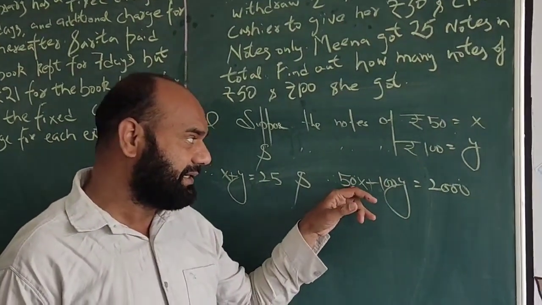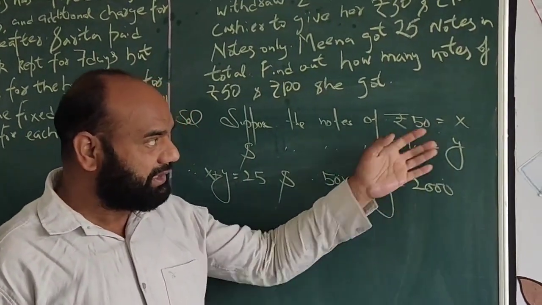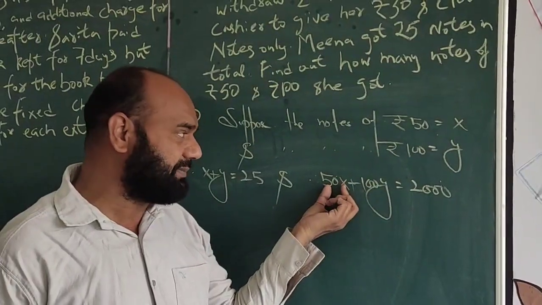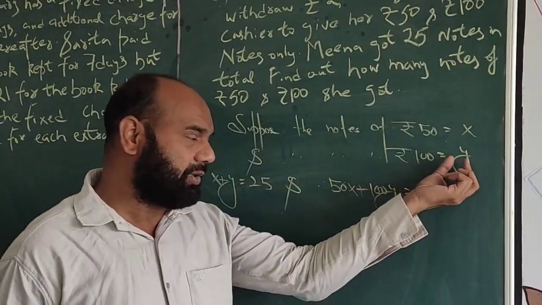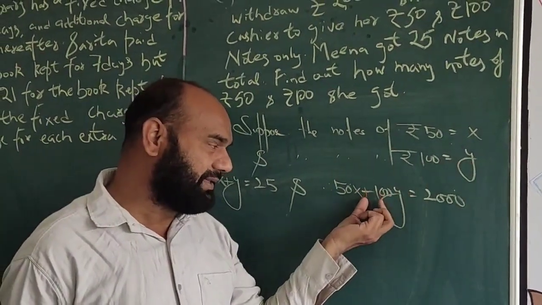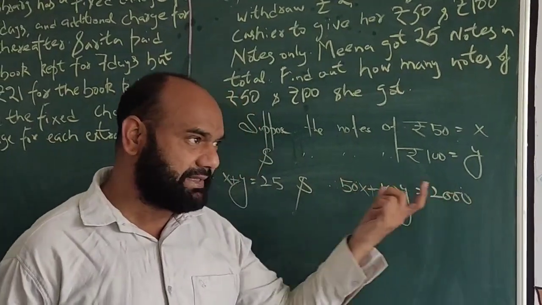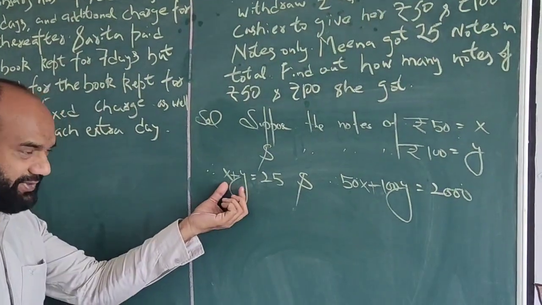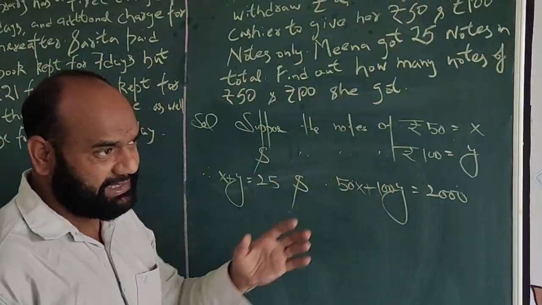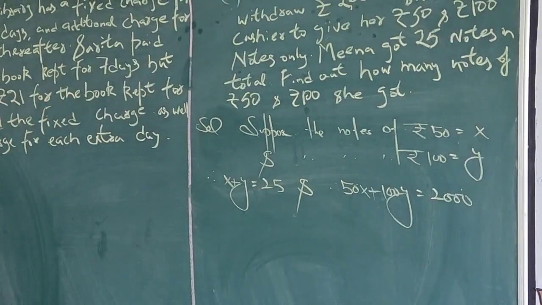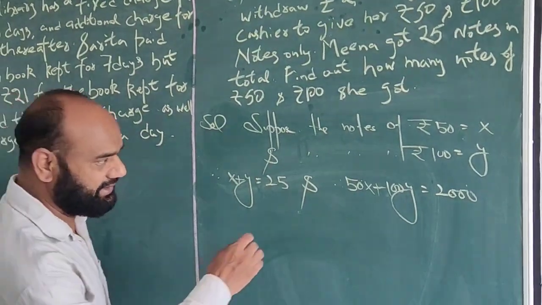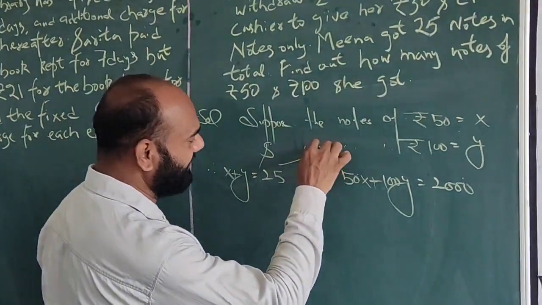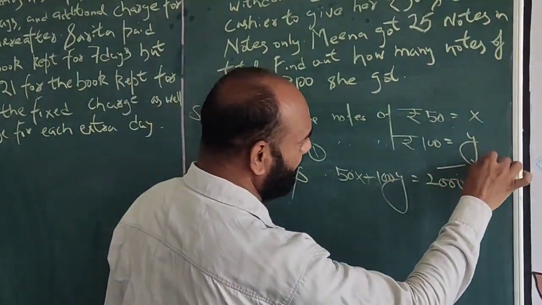Therefore 50x plus 100y, because the number of notes of 50 is multiplied by 50 and the number of notes of 100 is multiplied by 100, and the total amount is 2000. So this is the first equation and this is the second equation. Now we solve these two equations by the elimination method.